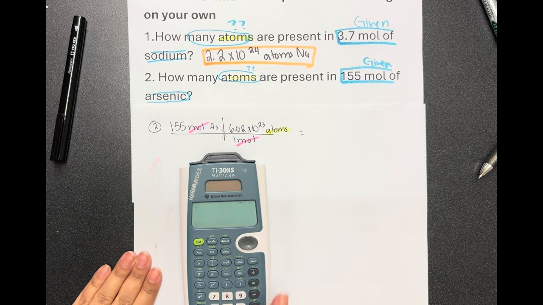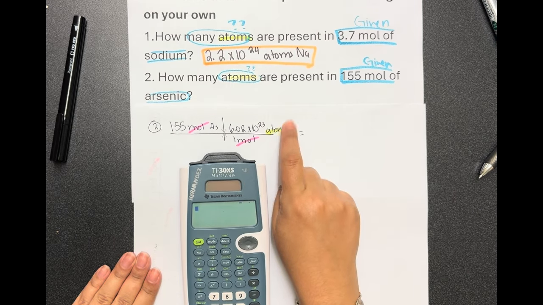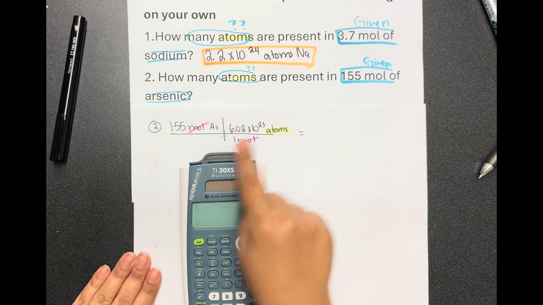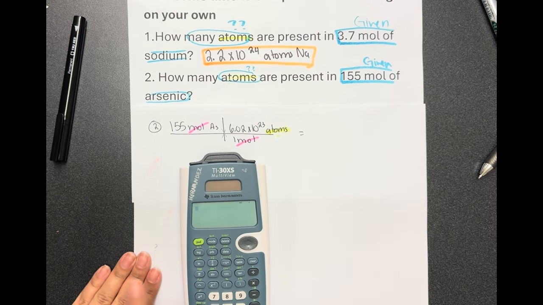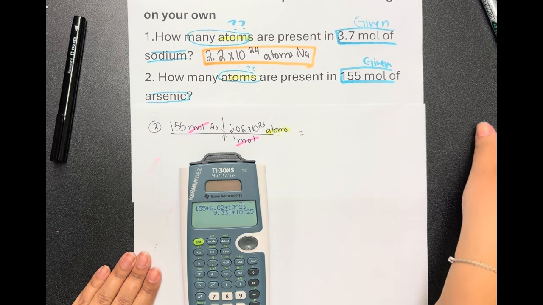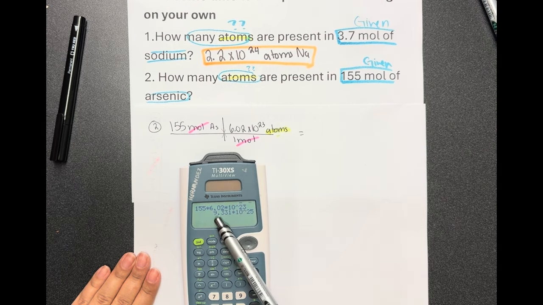Okay, so now I'm gonna get my calculator. Since Avogadro's number is at the top, I'm gonna be multiplying by Avogadro's number. So I'm gonna start, from left to right, with what was given first, 155, times 6.02, times 10 to the 23. Enter. My calculator gives me 9.332 times 10 to the 25th.